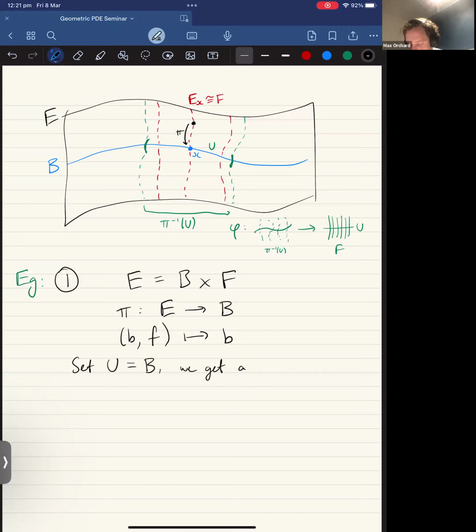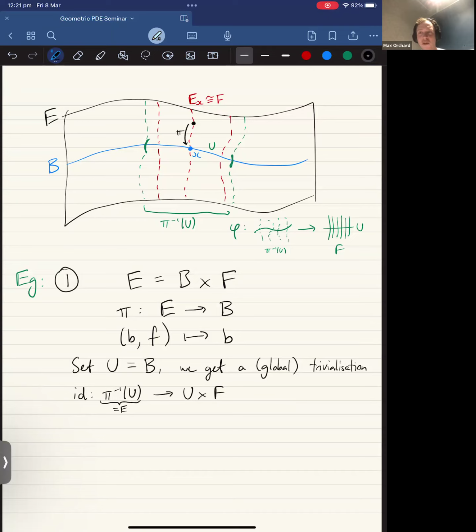We get not just a local trivialization, but a global trivialization given by just the identity. So this goes from the pre-image of U under pi, which you may notice is just all of E, and this goes to, by definition, U cross F, but U is just B. So this is just a local trivialization.